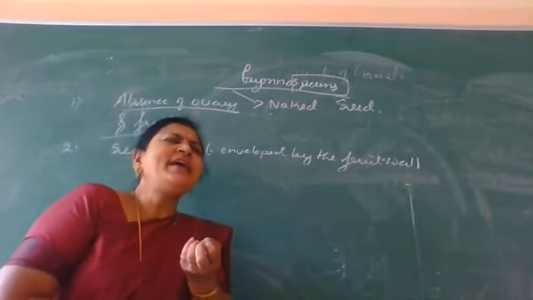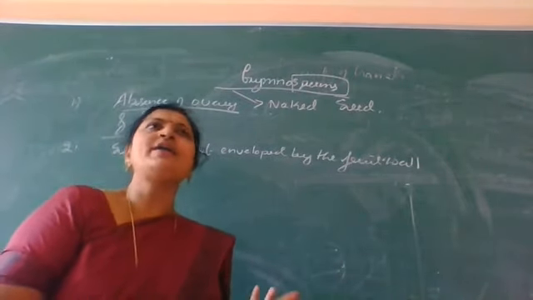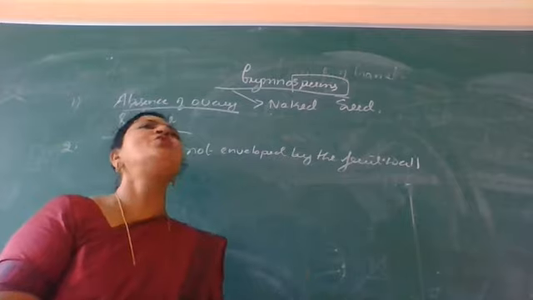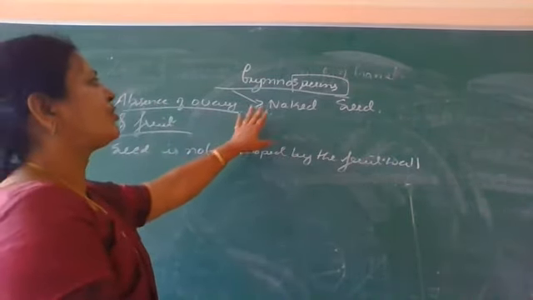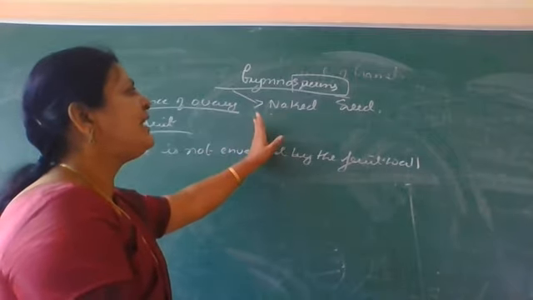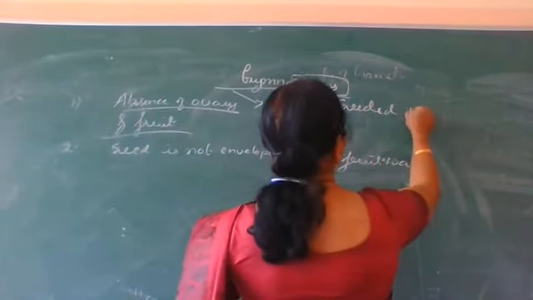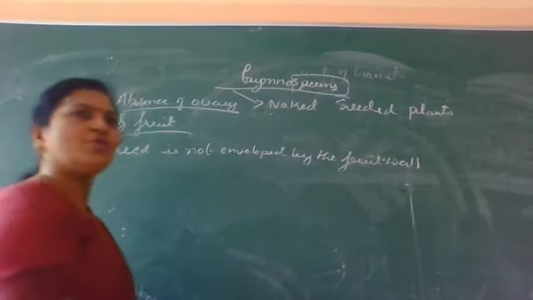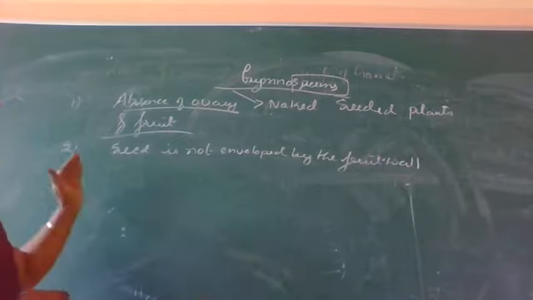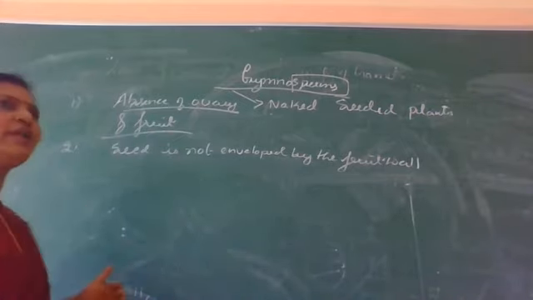Therefore, the seed is exposed. It is not protected by any fruit wall. Therefore, these plants are commonly called naked seeded plants. Naked seeded plants are called gymnosperms, where the seed is not enveloped by the fruit wall.